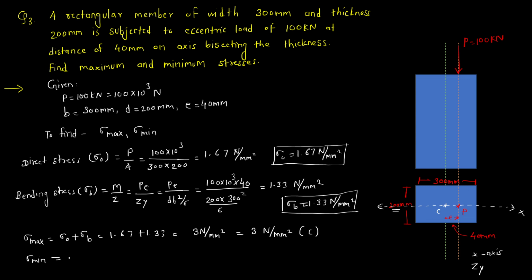Sigma minimum is equal to sigma 0 minus sigma b. So 1.67 minus 1.33, and this will come as 0.34 Newton per mm square. As the value is positive, we can write it as 0.34 Newton per mm square, in bracket compressive.